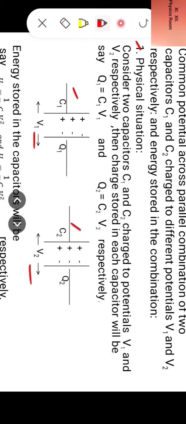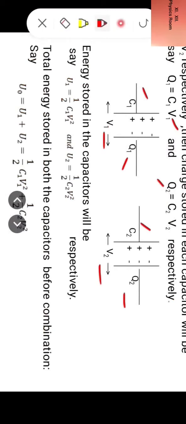Then charge stored in each capacitor will be, say, Q1 equal to C1 V1 and Q2 is equal to C2 V2 respectively. Energy stored in the capacitors will be U1 equal to half C1 V1 square and U2 equal to half C2 V2 square respectively.